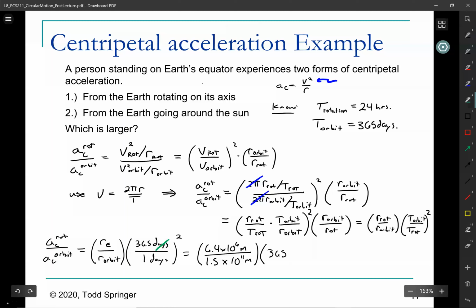The units all cancel, as they should, because this is a ratio. It's just going to be a pure number. So this is about 5.7. That means that the acceleration that you feel from Earth's rotation around its axis is 5.7 times larger than the acceleration due to the Earth's orbit around the Sun.